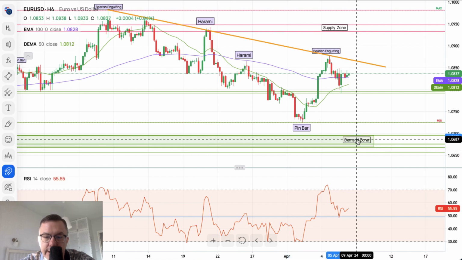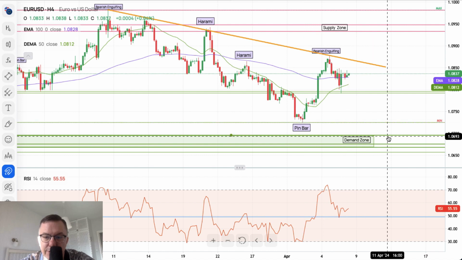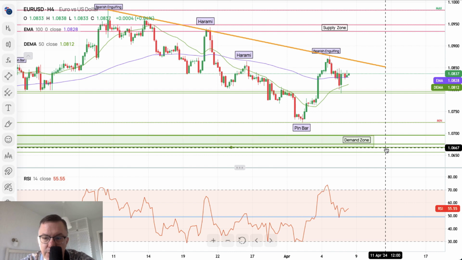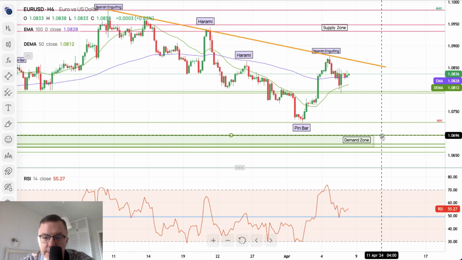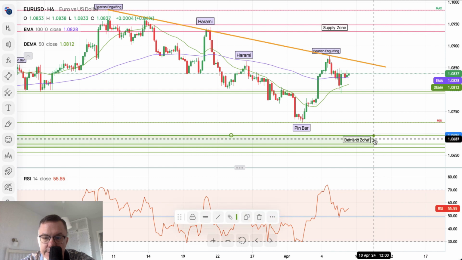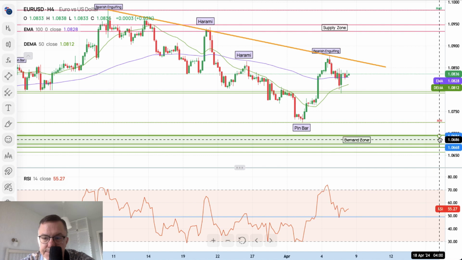Still, even with that scenario, the key technical levels called the demand zone are still even below the last swing low located at 1.0725, because the demand zone is located in between the levels of 1.0696, 1.0667. So this is our line, this is our zone, and I can extend it here.